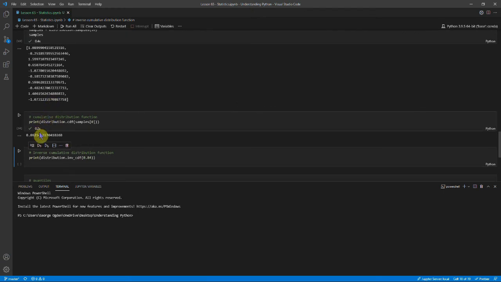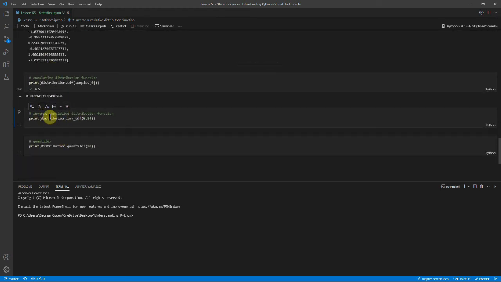So this says that 86.2% of all the numbers it generates will be less than this value here. And that kind of makes sense because it's just past one standard deviation, and 68% of data is between those two middle standard deviations. So that seems like a reasonable estimate.